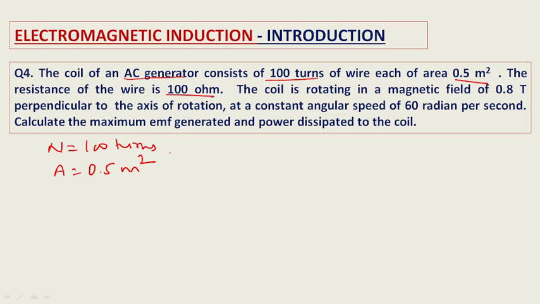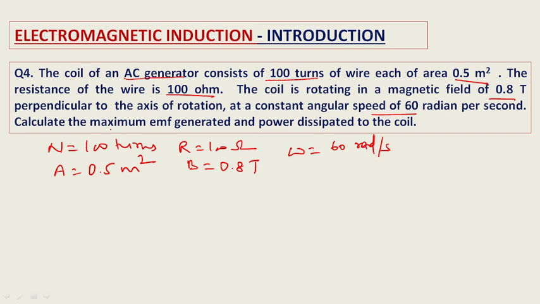Resistance of the wire, that is R, is given as 100 ohm. The coil is rotating in a magnetic field, so B is given as 0.8 Tesla, which is perpendicular to the axis of rotation, and at a constant angular speed, omega is given as 60 radian per second.